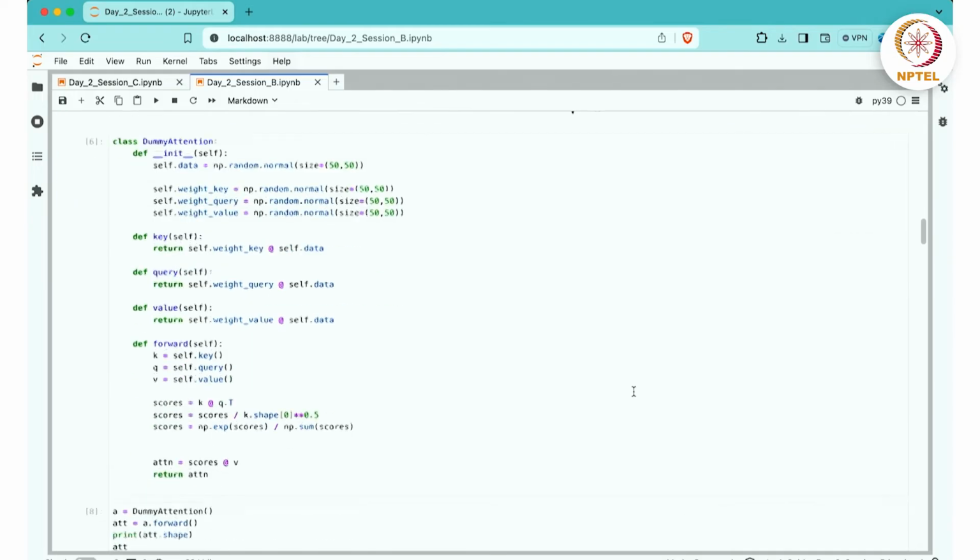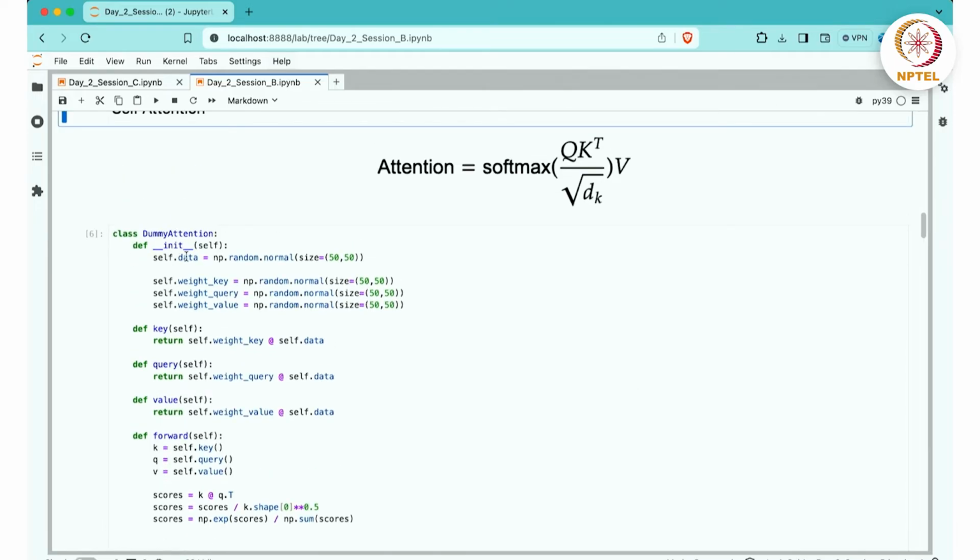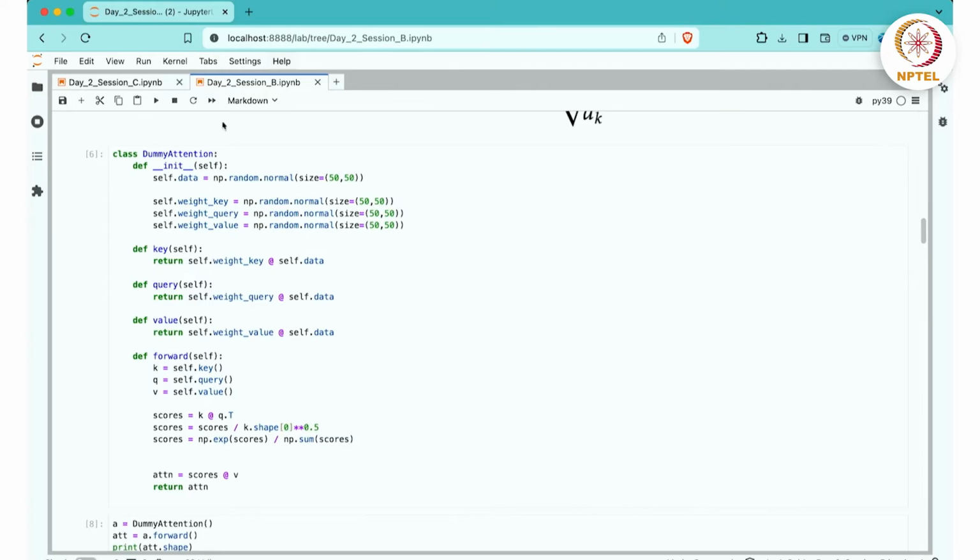Once we understand it, the actual mathematical basis of implementing attention is very simple. You have your data. This data goes through a linear transformation and becomes the q vector, the k vector and the v vector. On the screen right now you see a dummy attention class which I have built, which takes some data of size 50 by 50, and similarly I have generated 3 weight matrices, one for k, one for q, one for value.